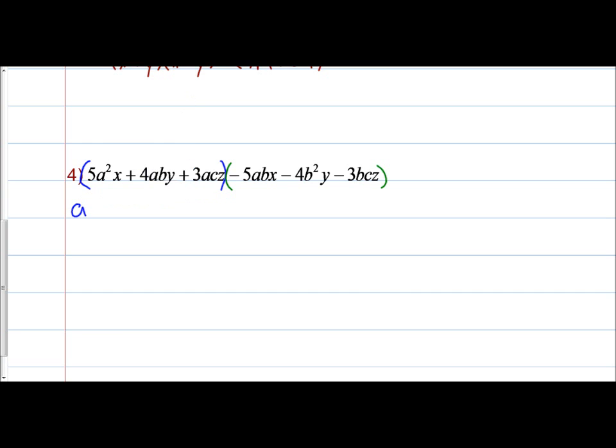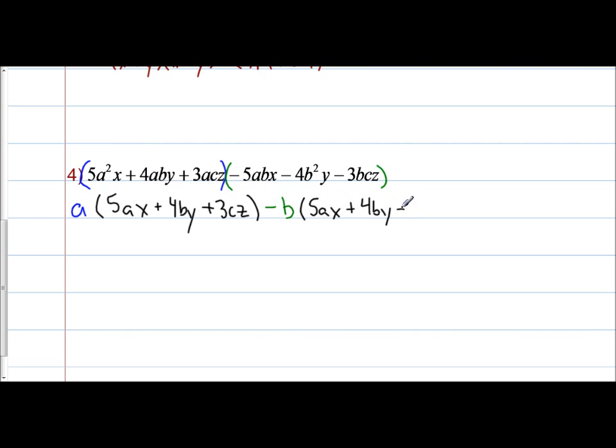And if I take out my a, I'm left with 5ax plus 4by plus 3cz. If I look at my next pairing, they all have a negative b in common. And if you were to factor that out, you get 5ax plus 4by plus 3cz, because the negative with the negative has to be positive.